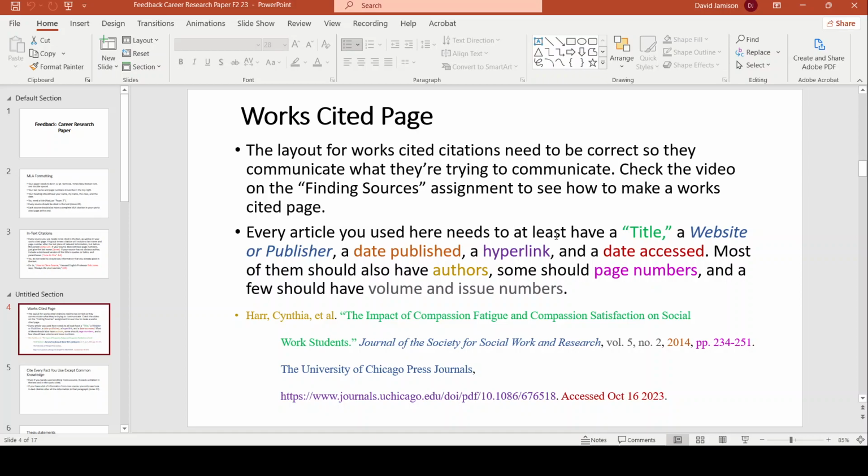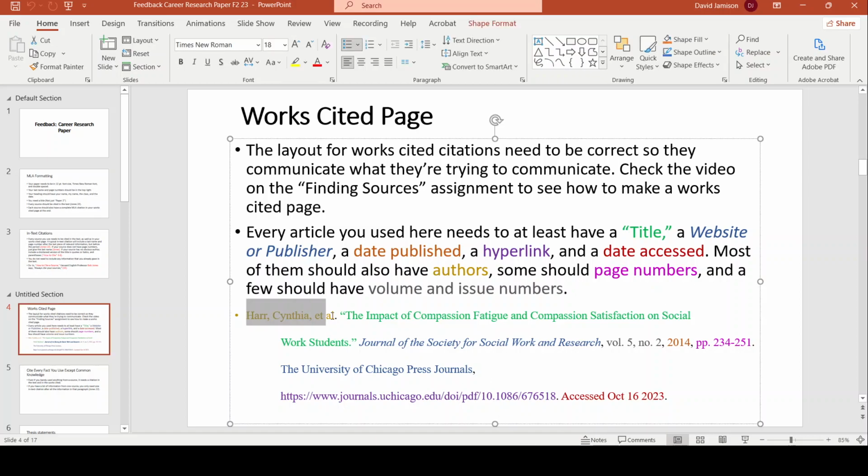Every article you use needs to at least have a title, website, or publisher, since we're using websites and web pages, date published and hyperlink, and a date accessed. Most of them will have authors and page numbers as well. So this is what a typical article would look like.